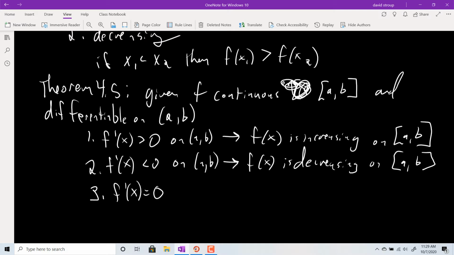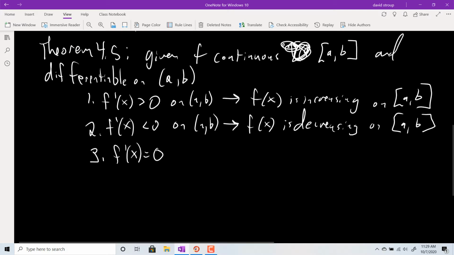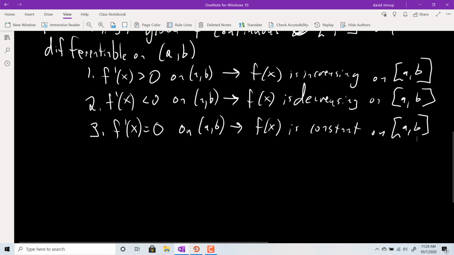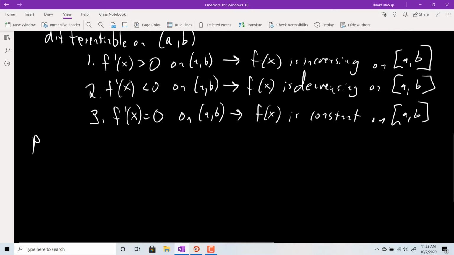So it has a 0 slope, right? Okay, we could prove this, and it comes from the mean value theorem. So we might as well take a look at the proof.